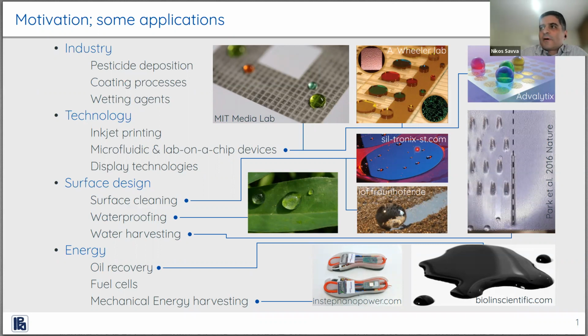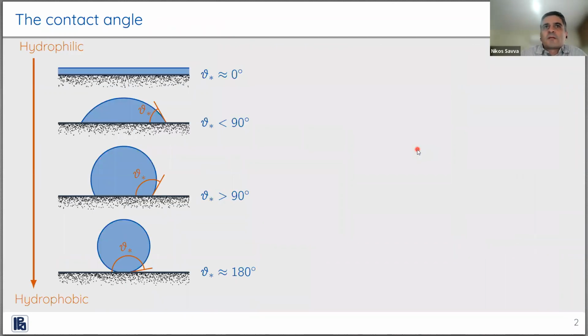Okay, so there are lots of applications that we can look at, but we are also interested in fundamental aspects. So central to wetting phenomena is the concept of a contact angle, which is formed precisely along the contact line.